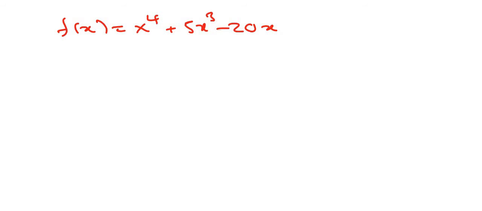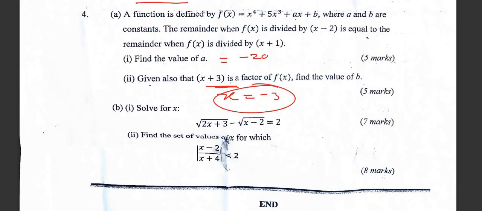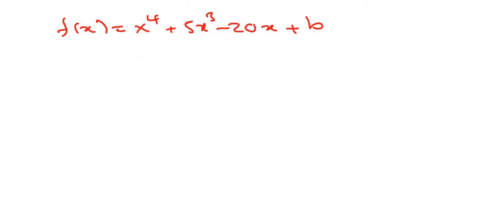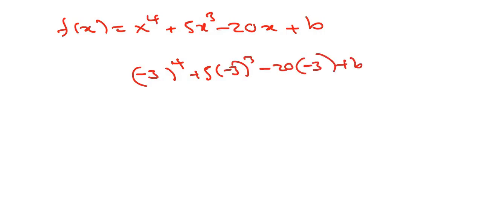Then this is going to be plus b. We know to say this is a factor, so we put it there. That's -3 to the power 4 plus 5 times -3 to the power 3 minus 20 times -3 plus b is equal to 0 because it's a factor.